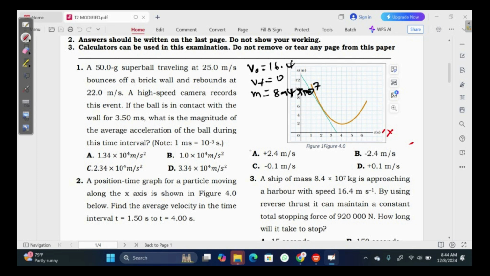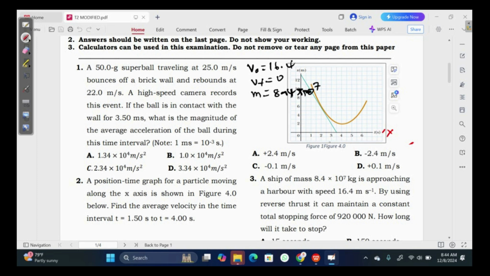Now, they are asking us to find how long. Do we have the distance? No, we don't have. So I need to use the formula which is going to help me find this without the distance.